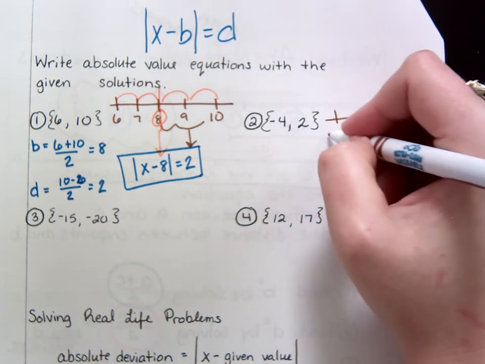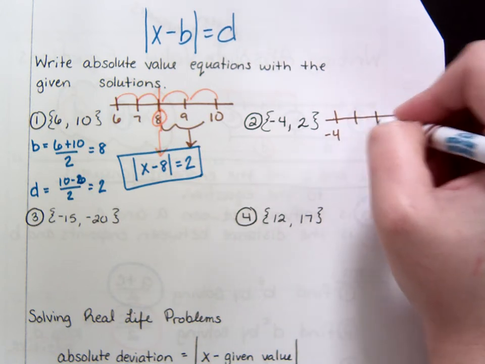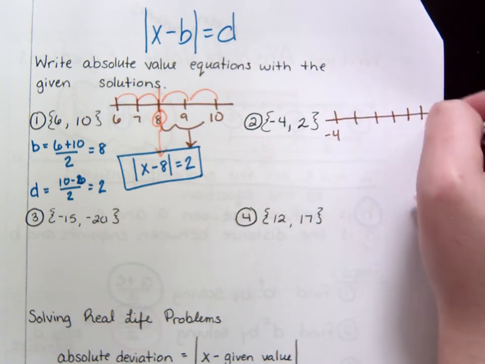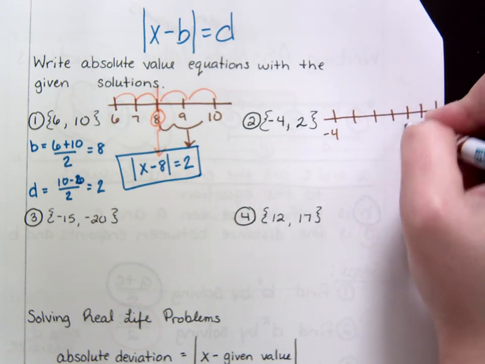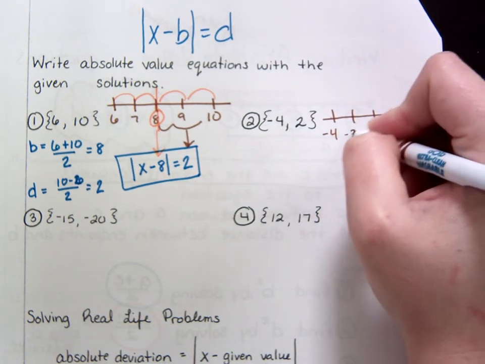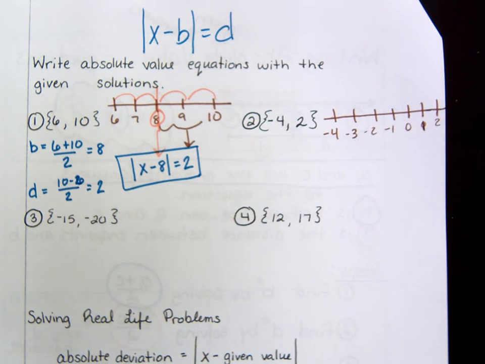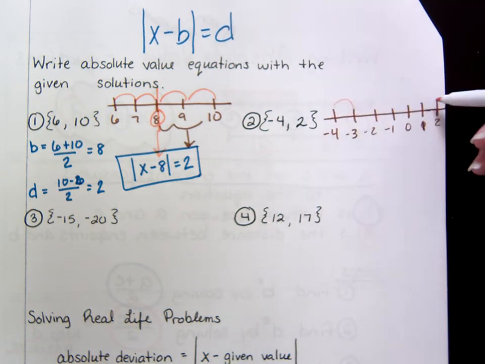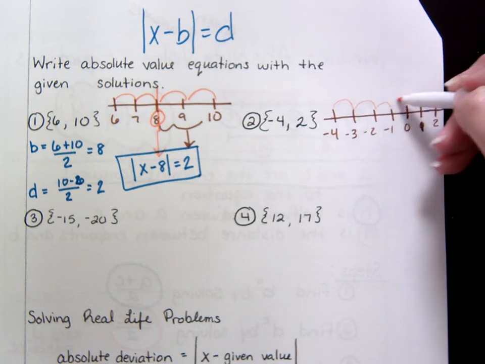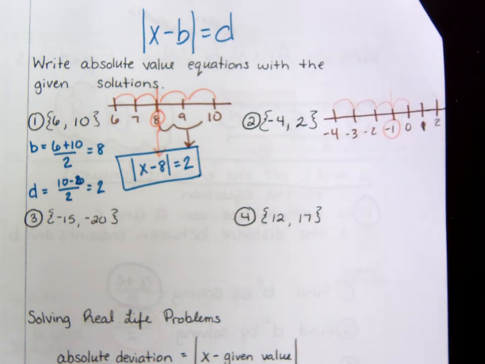So here I have -4, -3, -2, -1, 0, 1, 2. Okay, there's my number line. I need to go midway between them. So I just go from either side, and -1 is where they meet.